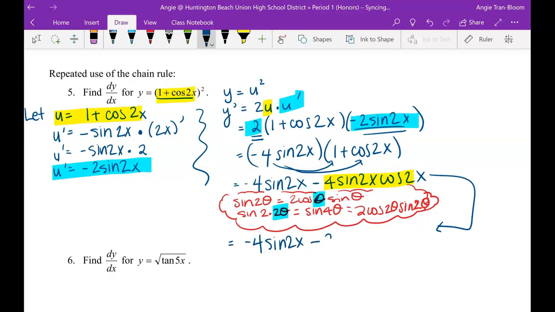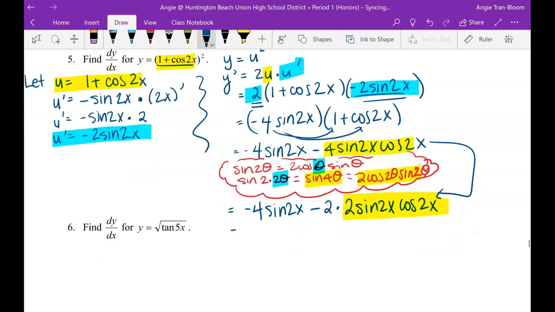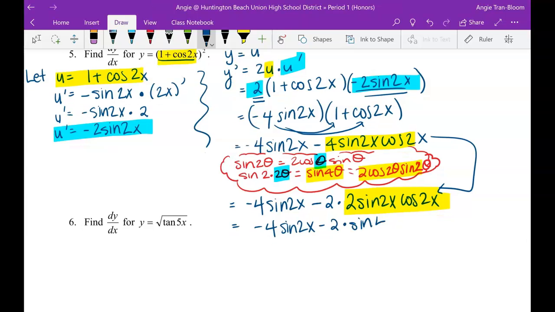I'm going to rewrite 4 as 2 times 2 sine of 2x cosine of 2x. This right here is a double angle identity of sine of 4x. So now I will definitely need to put it back in: negative 2 times sine of 4x.